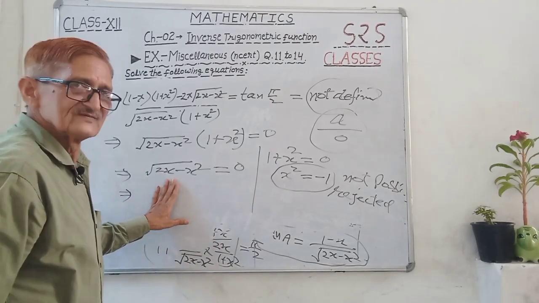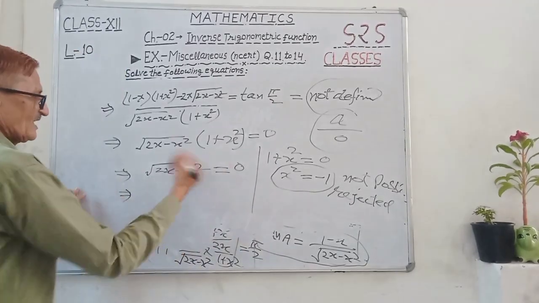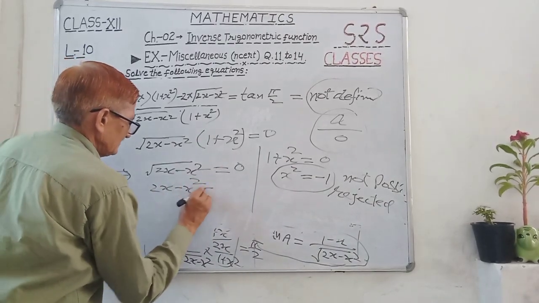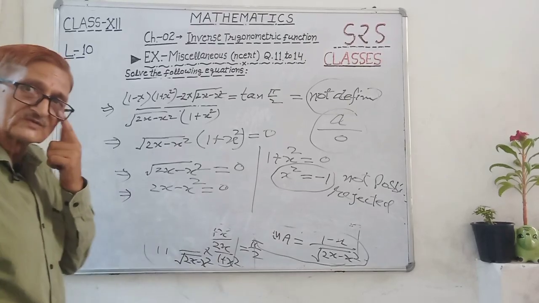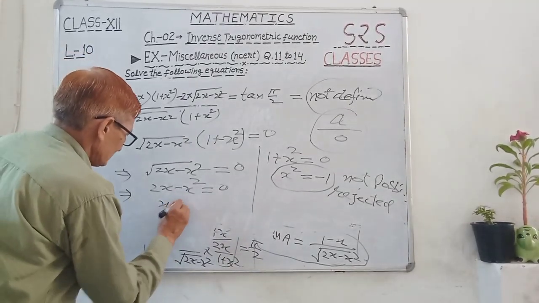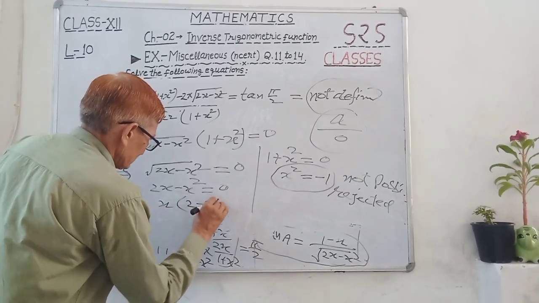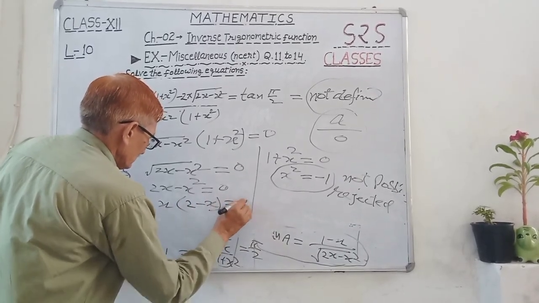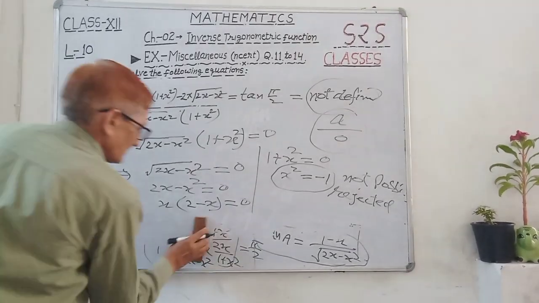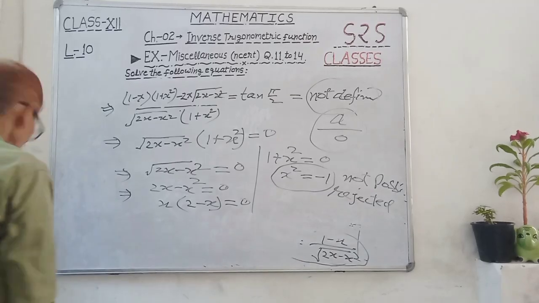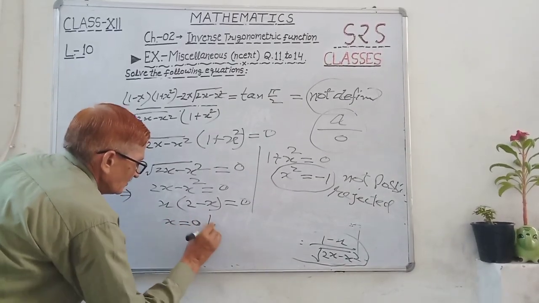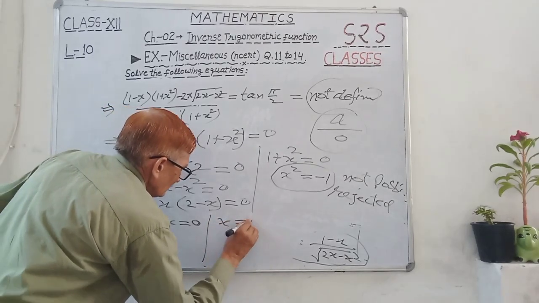Now from here the result will come. Squaring both sides, 0 square, then 2x minus x square is equal to 0. The root is gone. Then what is common here? X common. X into 2 minus x is equal to 0. Then each factor equal to 0 means x is equal to 0 or x is equal to 2.